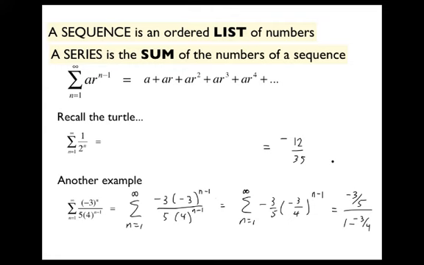The sequence must go to 0. If a sequence doesn't go to 0, then what happens? In the end, you end up adding a non-zero number together over and over and over again. Is that going to converge? Remember our 5? Okay, don't forget this. Say a sub n goes to negative 1.5. Does the series converge?